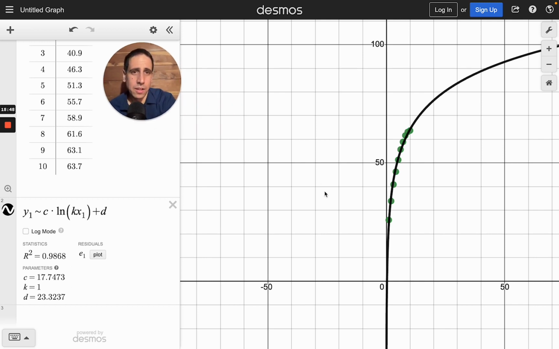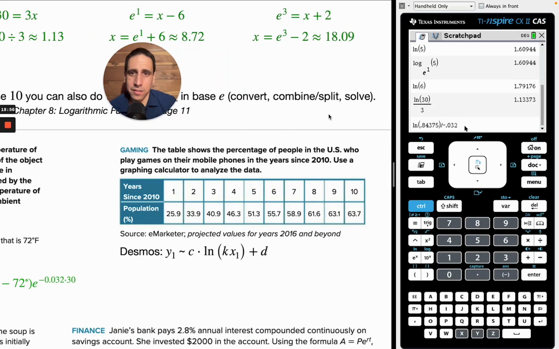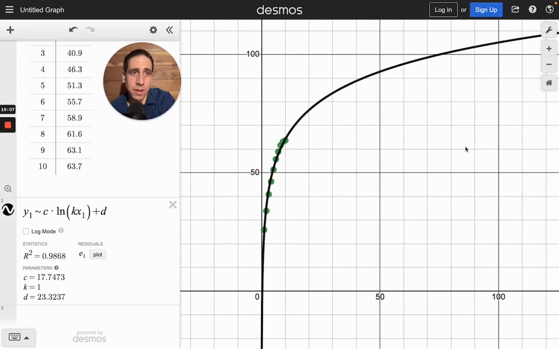And so if you needed to, you can now answer questions about what will happen in the future. So, for example, here it says use a graphing calculator to analyze the data, and if you wanted to know what year 11 was or year 12 was, or when it is exactly we get up to 100%, these are things you can now actually look at.